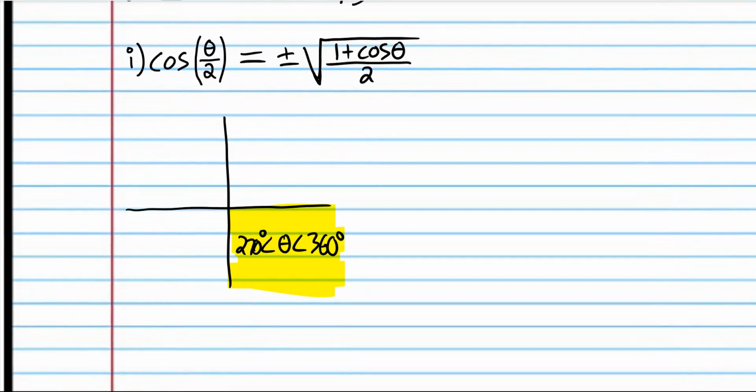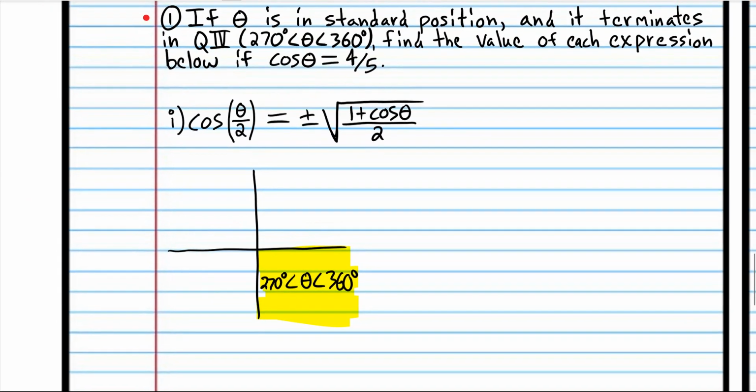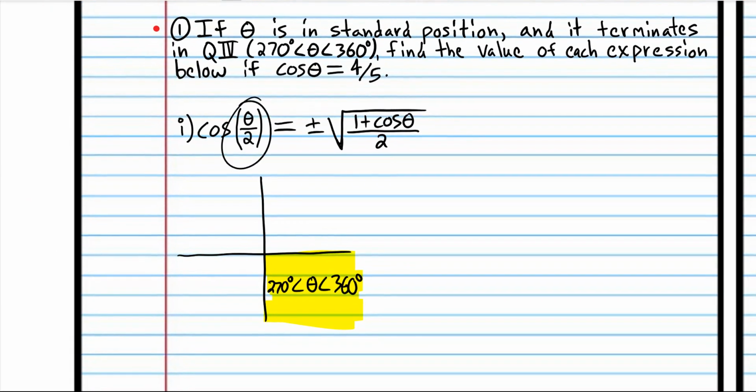So it's between 270 and 360, but we want to know where theta over 2 is. So we have to divide everything by 2. And when we do that, it moves everything to quadrant 2, and you'll see why.